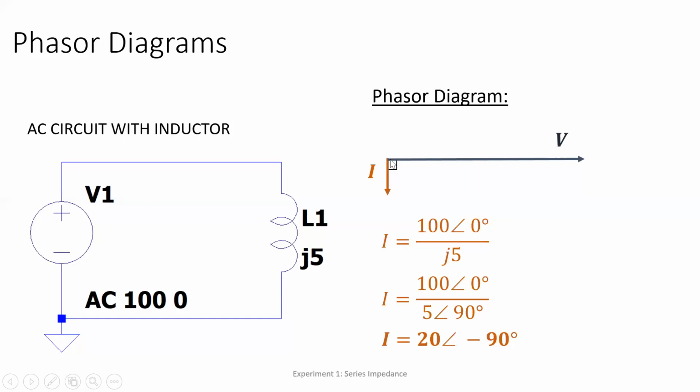Okay, so as you can see, if we are going to rotate this in counterclockwise direction, the voltage V will be the first one to rotate, right? So ELI: the voltage leads before the current.